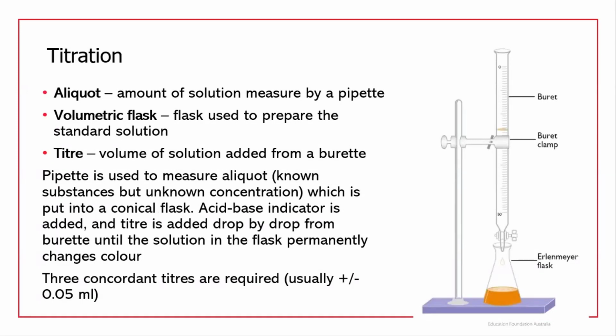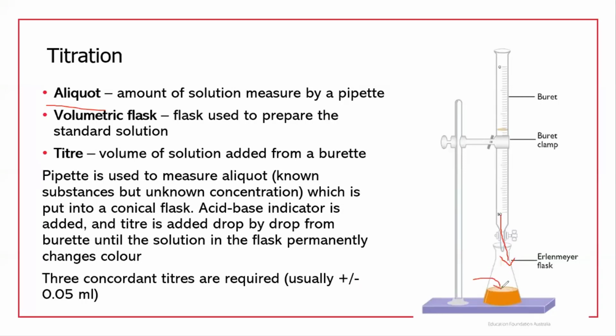Titration, there's a lot of key words to remember, but essentially we have a burette that's clamped. Down the bottom is a volumetric flask or an Erlenmeyer flask. Usually we call it volumetric, and titer. So the titer is the volume of solution that goes from the burette, this big cylinder, and the aliquot is the amount of solution measured by pipette.